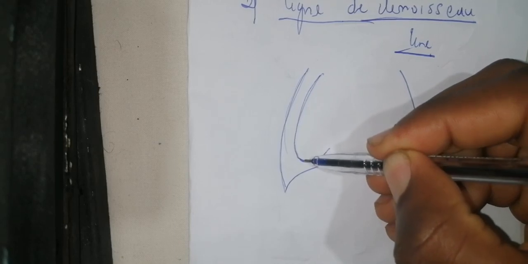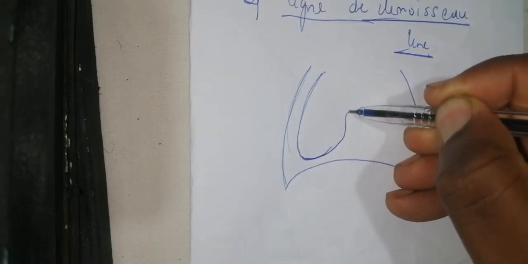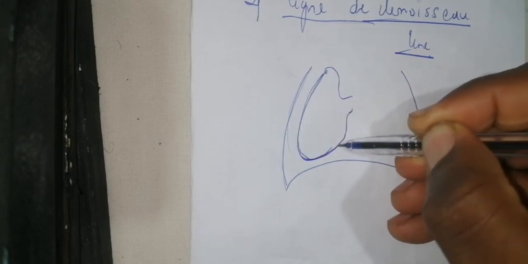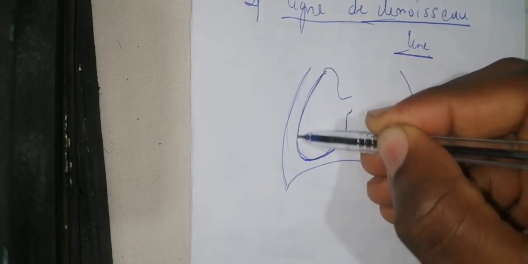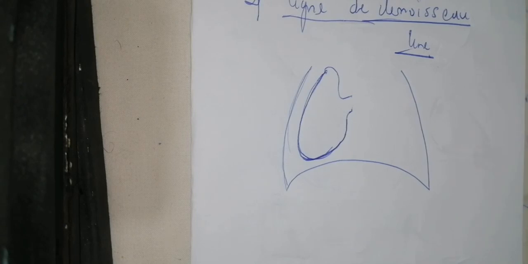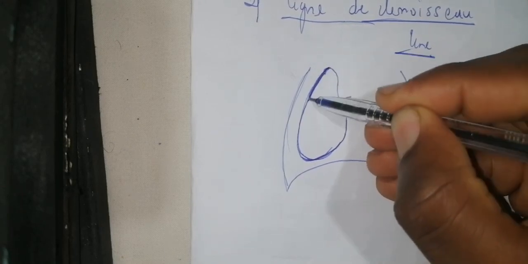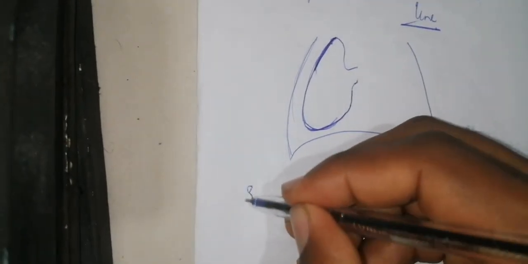When you have a line completely demarcating the lungs from the thoracic wall like this, is it clear? That is called the demoiselle line, and it shows that it's a complete pneumothorax. Is it clear? But if it's just on a partial area that you see that demarcation, that's a partial pneumothorax on X-ray. Is it clear?